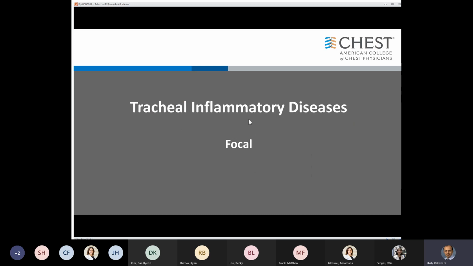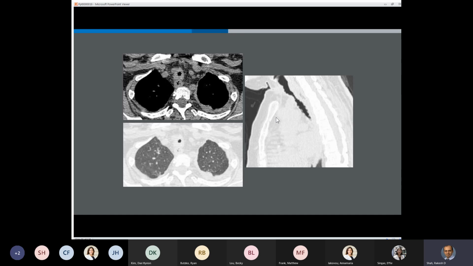As I mentioned, I like to break the diseases into whether it is focal or diffuse. If it is focal, the classic example is post-intubation stricture. So here's an example. You can see the trachea is okay, except that right at the thoracic inlet, there is narrowing. And if you look at the axial images, you can see that there is circumferential thickening.